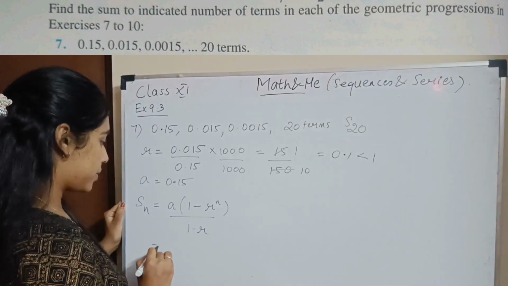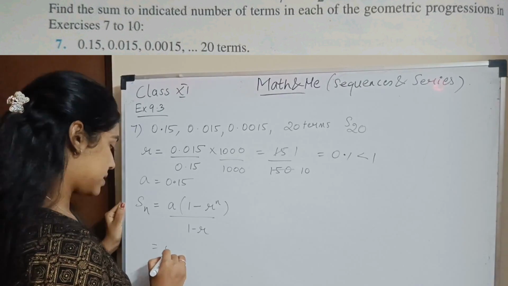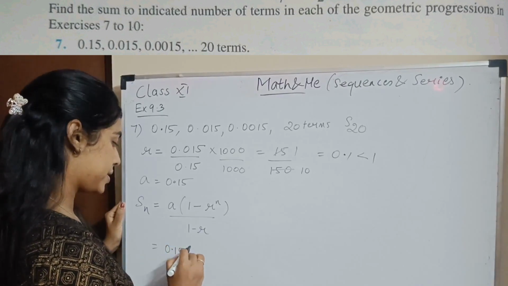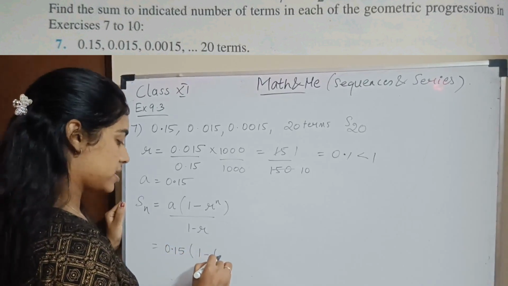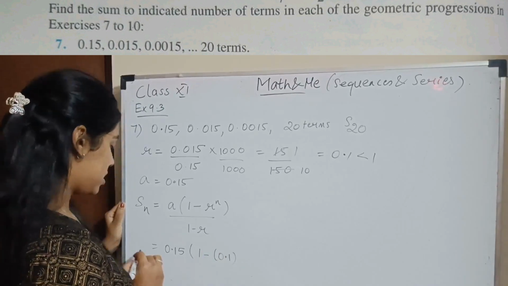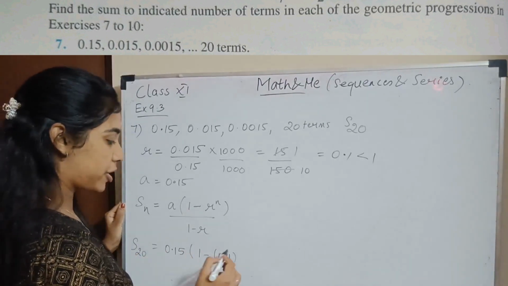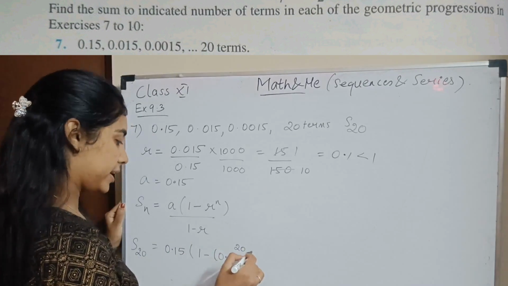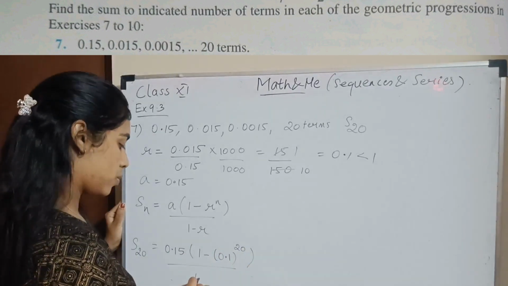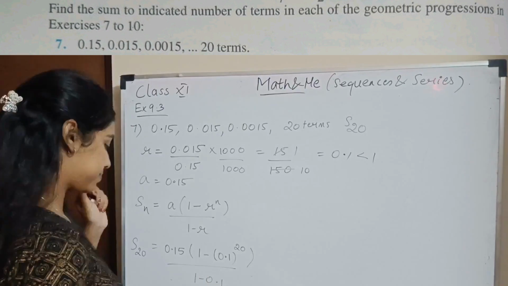So when I substitute the values, I have 0.15 times 1 minus 0.1. What do I need? What is my n? S20. So 0.1 to the power 20 divided by 1 minus 0.1.